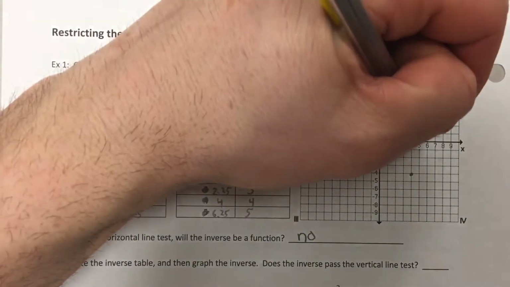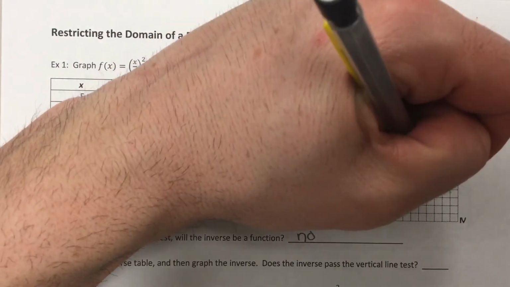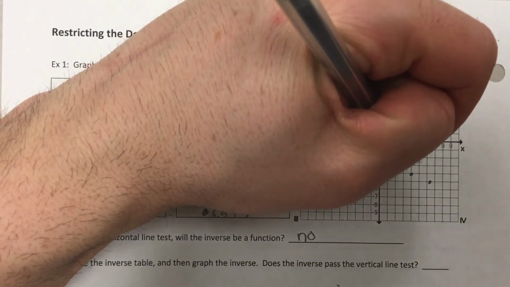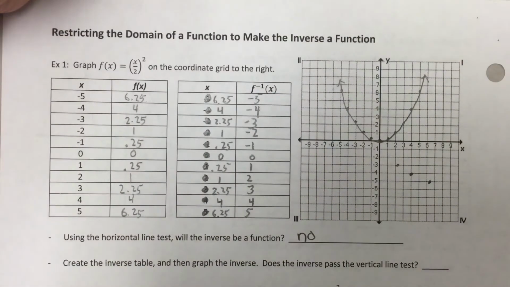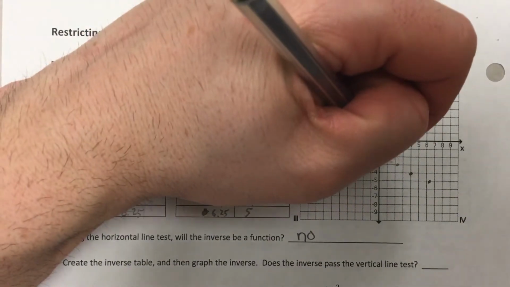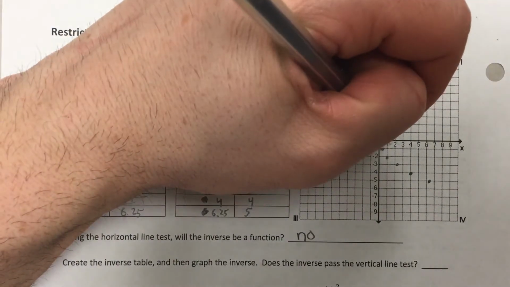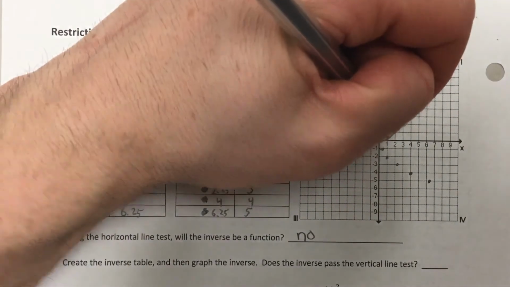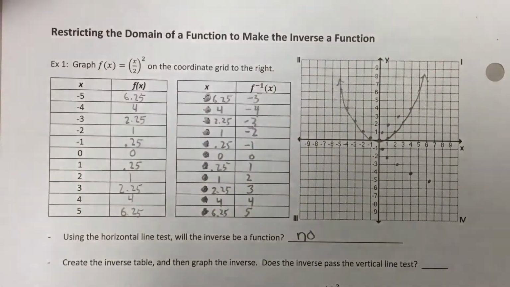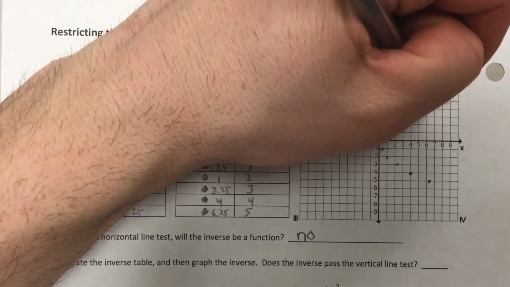We'll do the 6.25. 6.25 is -5, so we'll approximate. 2.25, -3. 1, -2. 0.25, -1. 0, 0. 0.25, 1. 1, 2. 2.25, 3. 4, 4. And 6.25 and 5.